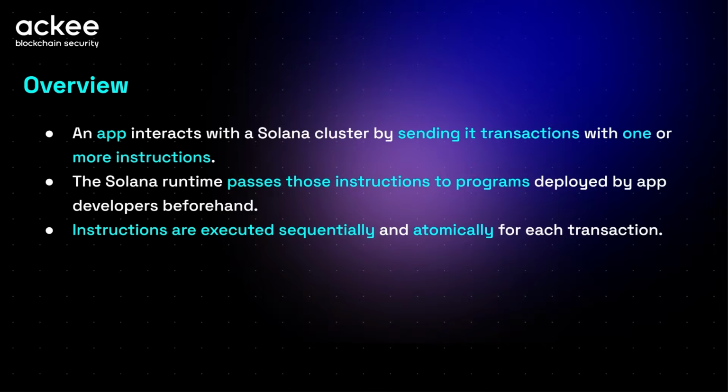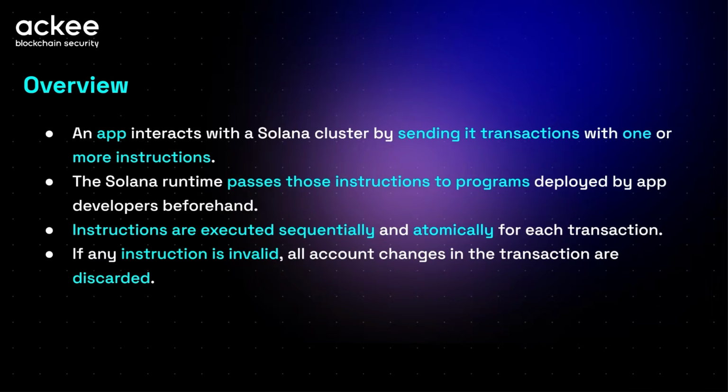It can either successfully pass or return an error due to an error in one of the instructions. If any instruction in the transaction fails, then all of the account changes made so far by the other instructions in the transaction are discarded or reverted.